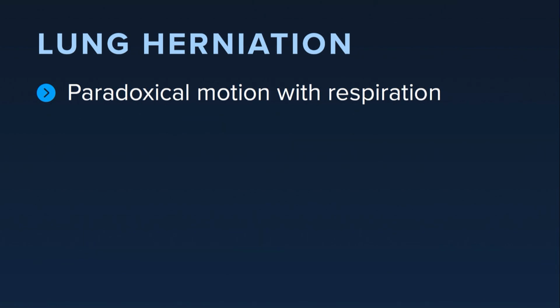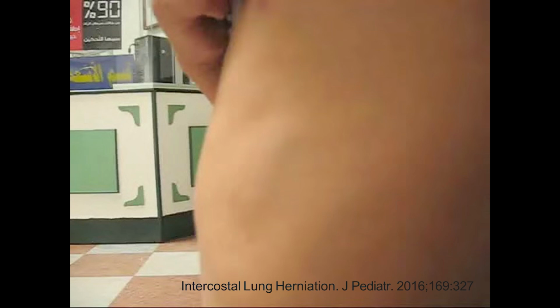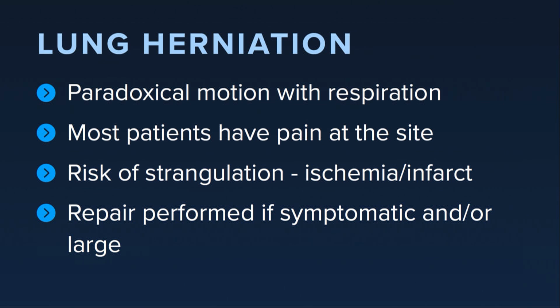One of the things that you can look for clinically is paradoxical motion with respiration. I have a video, which unfortunately I can't play on the PDF, but clinically you can have a patient take a deep breath in and then breathe out. And when they breathe out, you'll actually see the protrusion of the lung hernia.